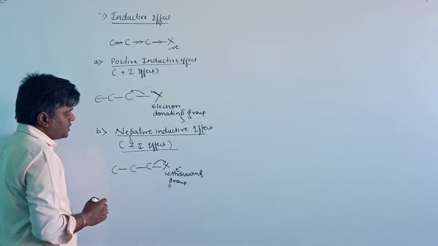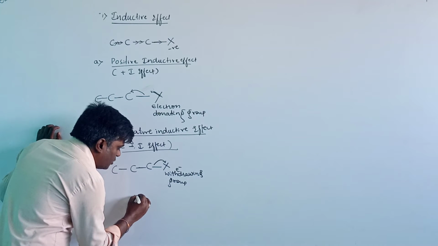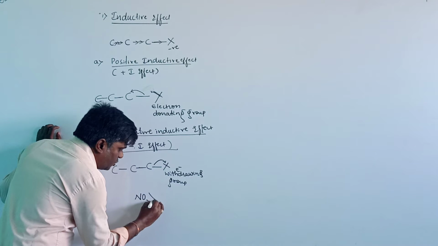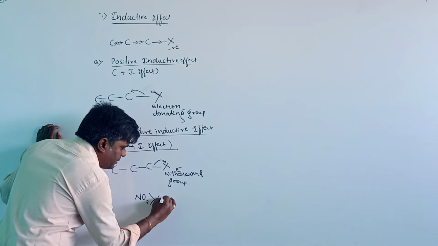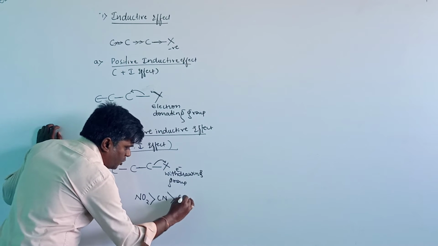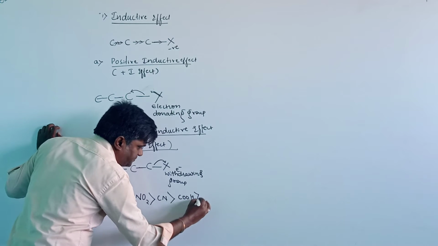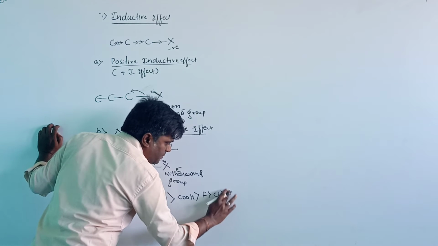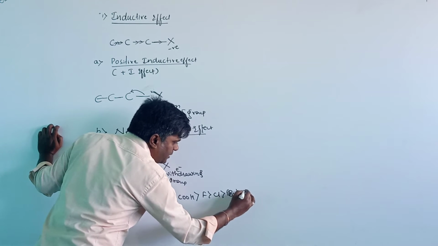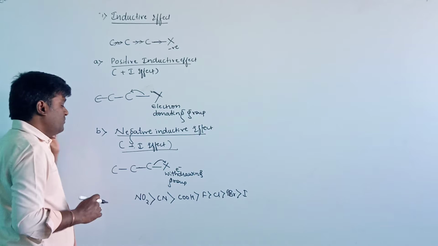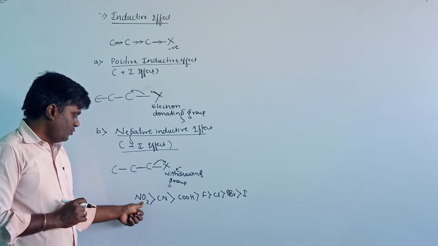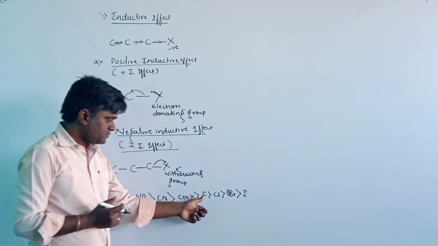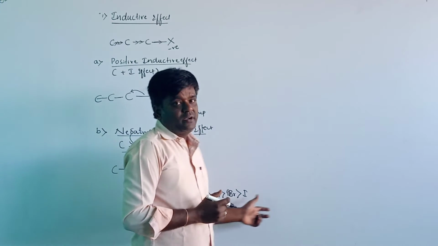Consider the electron withdrawing groups: the halogens, which are more electronegative, NO2, cyanide, carboxylic acid, fluorine, bromine and iodine.